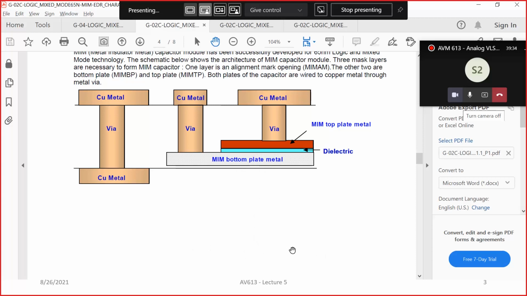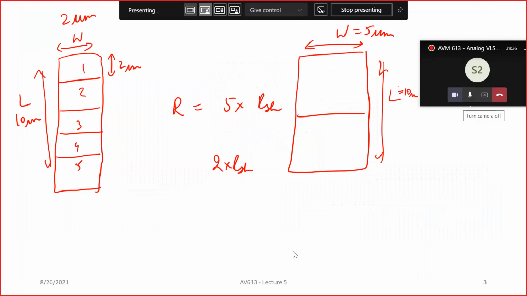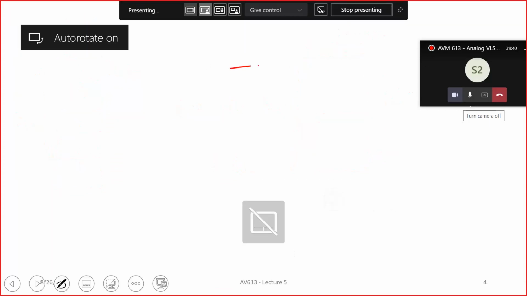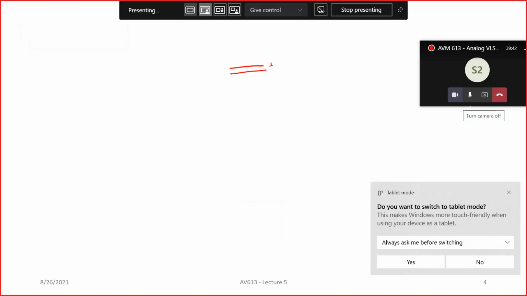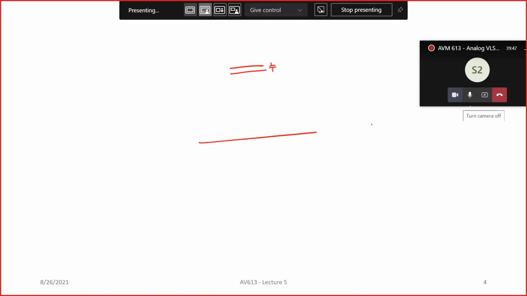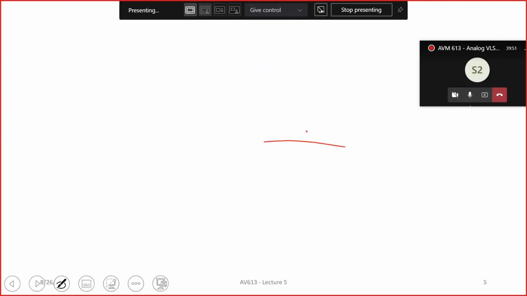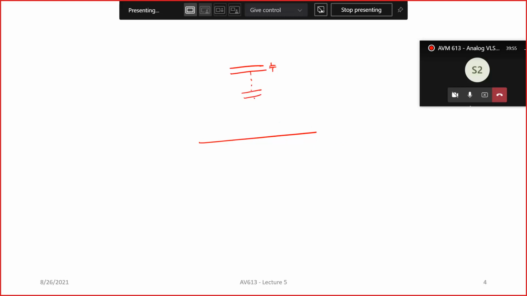In other words, if I were to draw and show you, it is like this. You have some capacitance here, and let's say this is your substrate, and usually you'll put substrate taps and so on, right? So there is a parasitic capacitance between this and the bottom plate.